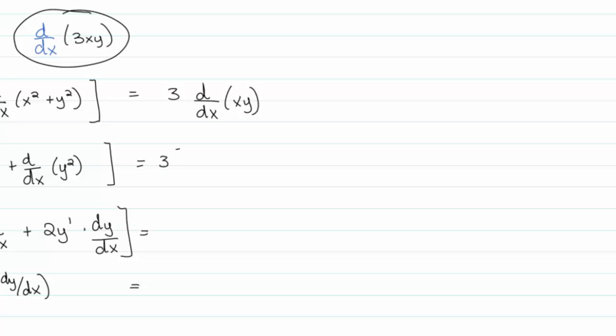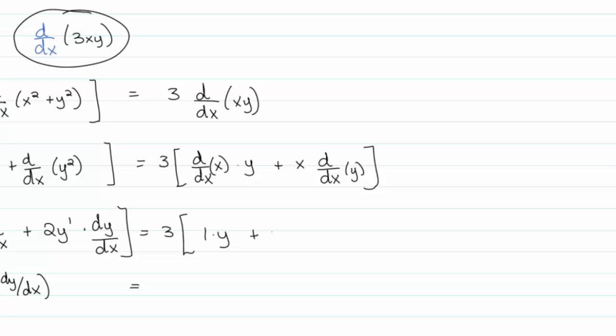So the product rule tells us that this will be the derivative with respect to x of the first function times the second, plus the first function times the derivative with respect to x of the second function. Well, let's see. That dx there is a 1, so this just becomes 3 times the quantity 1y plus x times dy dx, because again, we don't know what dy dx is.